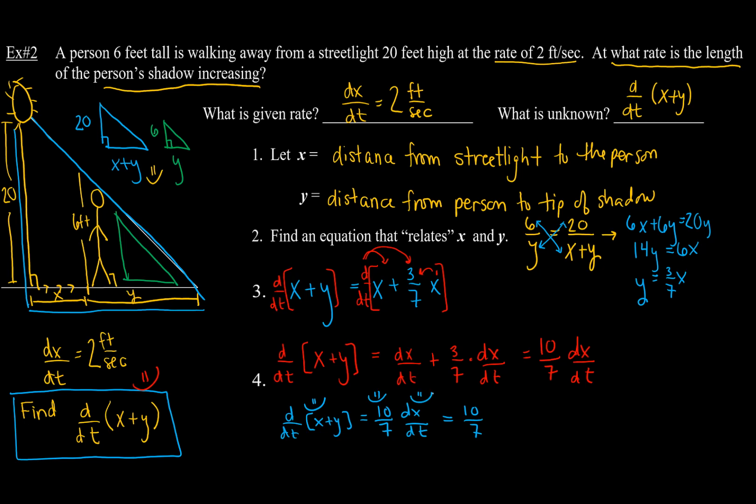That's how quickly the person is walking away from the street light, which is 2 feet per second. So when I plug that in, I get 20/7. And this is feet per second. This is the change of this whole length right here with respect to time.